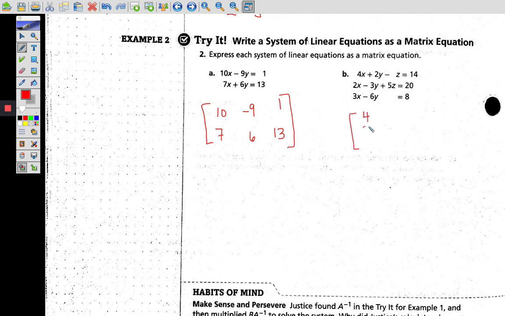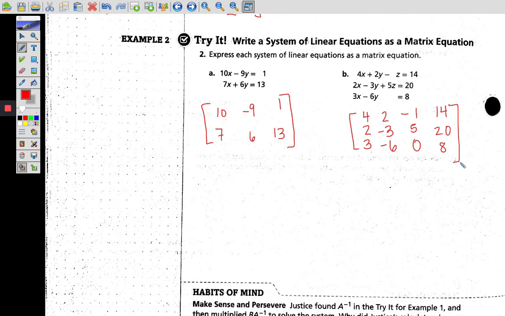Then x values go together, y values go together, z values go together. What happens if there's not a z value, though? 0, yep. And then your constants go together. And we're not actually solving any of these.